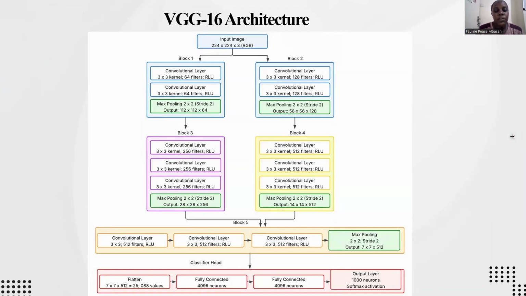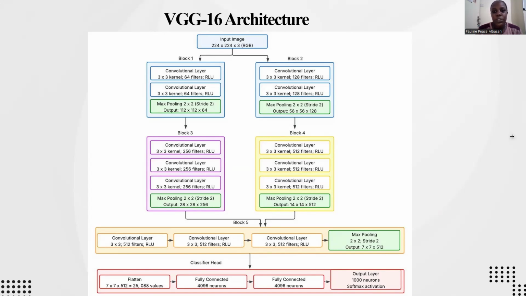First of all, it has a repetitive architecture. What I mean by repetitive is it has 5 convolutional blocks, each with 2 or 3 convolution layers. So we just keep repeating between the convolution layers, and at the end of each block, we have a max pooling layer that reduces spatial dimensions.